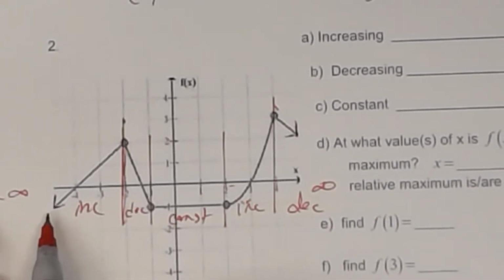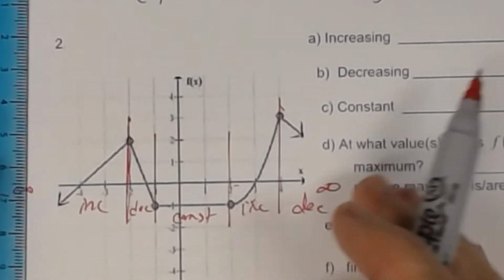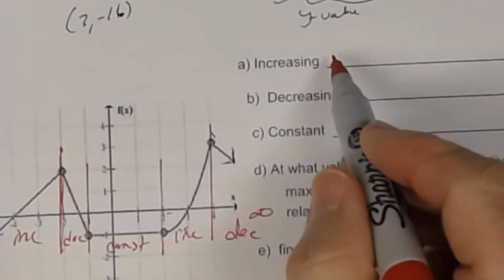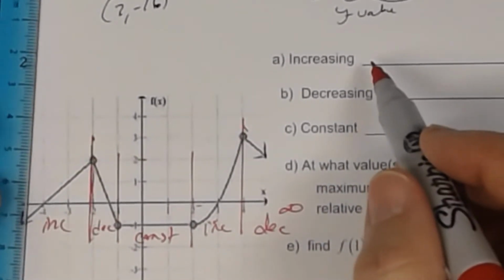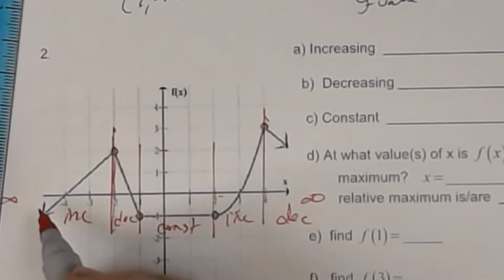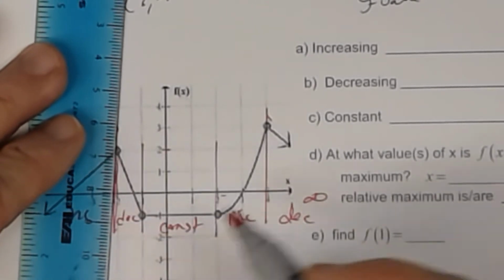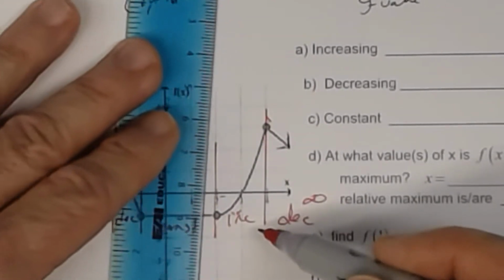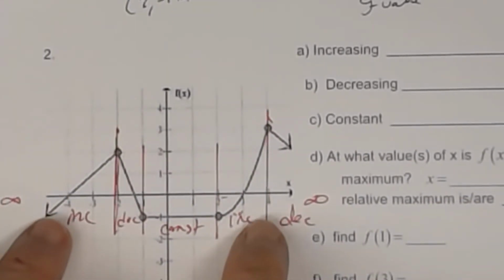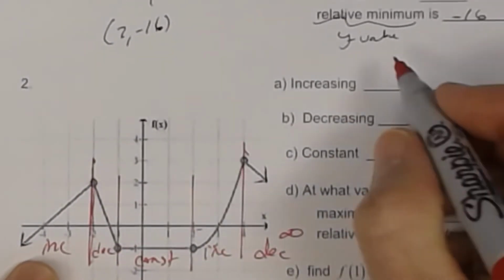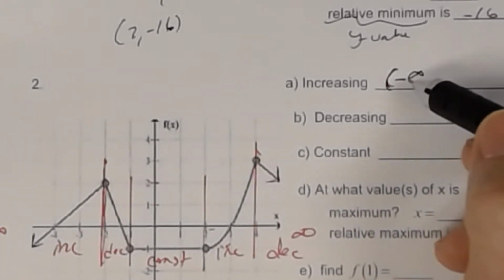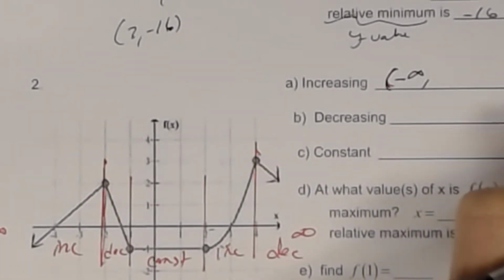Okay, so notice I'm going along my x-axis. When answering these, you're putting the part of the domain that goes here. Your function is increasing from negative infinity to negative 2. It's also increasing from 2 to 4. So you have increasing twice. You're going to say, parentheses, negative infinity, and remember, when we talk about increasing, decreasing, or constant, it's always parentheses.